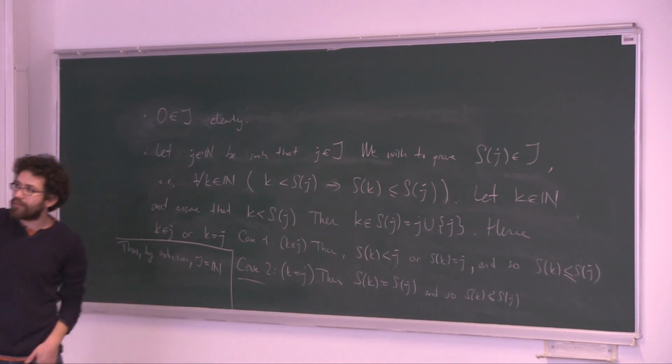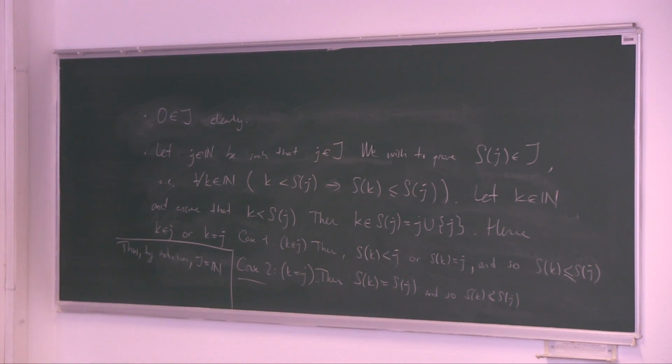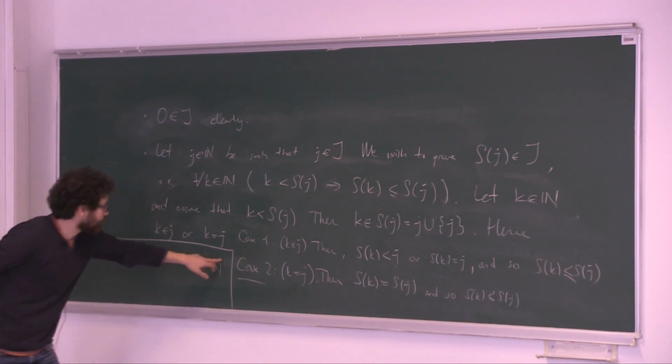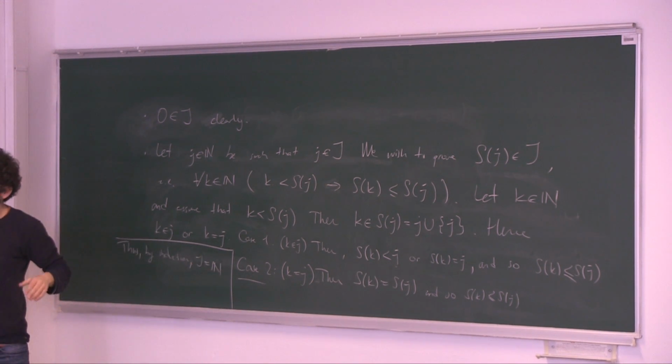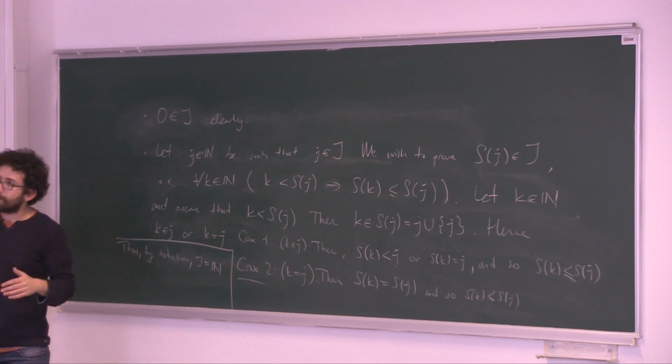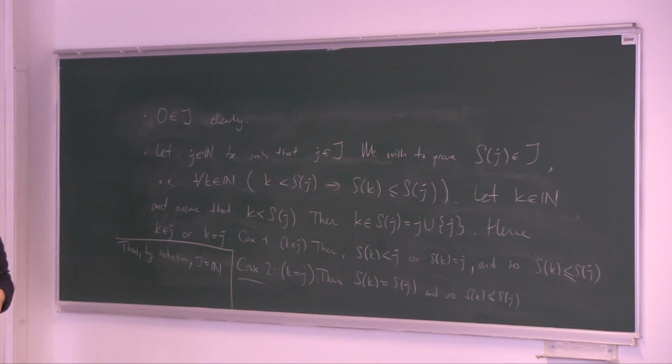But this was sufficient to complete the previous induction. So the whole proof is now done. This finishes the proof that J is all of N, and that J is all of N finishes the proof that I is all of N.